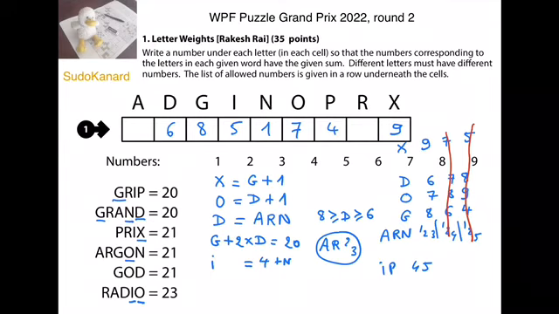So we need to find a word that uses only one of those 2 letters, and grip should do the job. Grip uses G, I, and P, that's 17, so that R is equal to 3, and A is equal to 2.